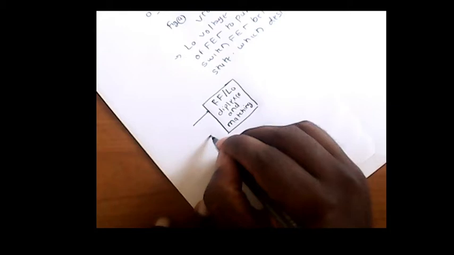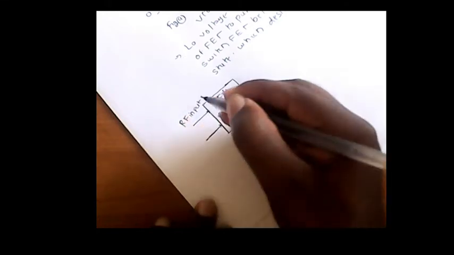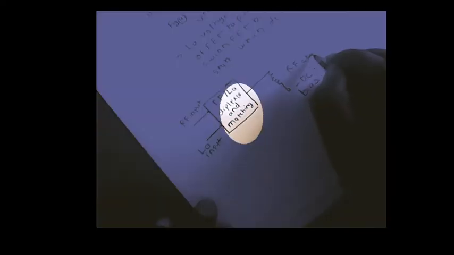Here two inputs are applied: the first one is the RF input and the second one is the input from the local oscillator. A DC bias voltage is provided to the gate through an RF choke, which is provided to the gate terminal of the FET.